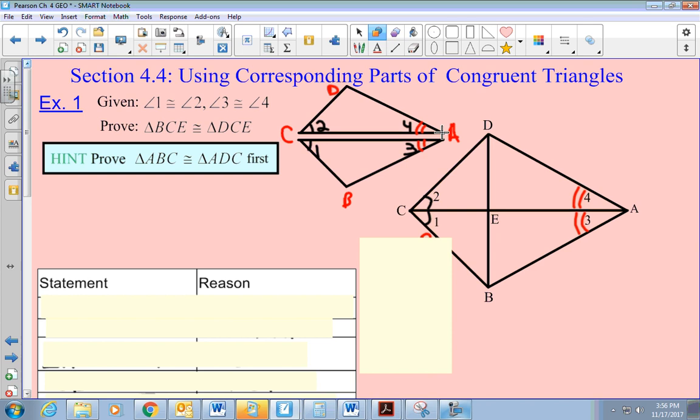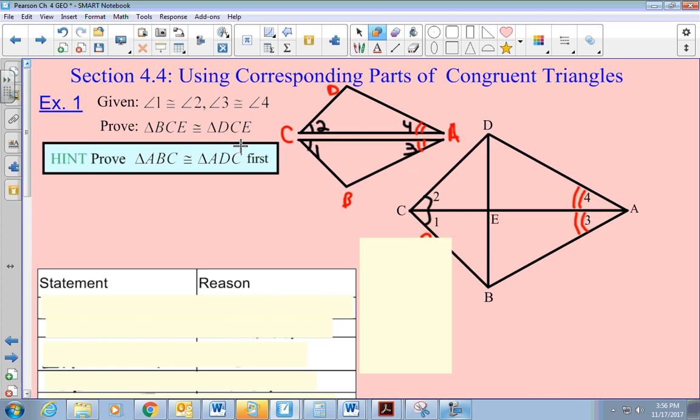So I always like to redraw. It takes barely any effort to redraw the triangles not super close together. So I'm going to take this hint, redraw triangle ABC and ADC, and put our congruent angles on there.